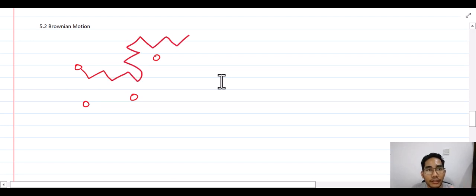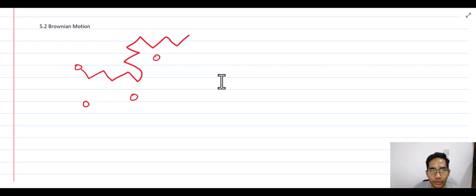As you can see here, the movement of visible particles will be zigzaggy like this. Now, this movement of visible particles is called the Brownian motion. Now, what caused the Brownian motion? What caused this zigzaggy pattern?